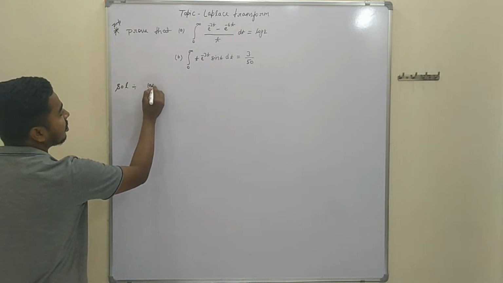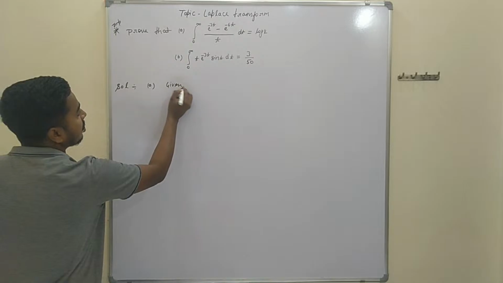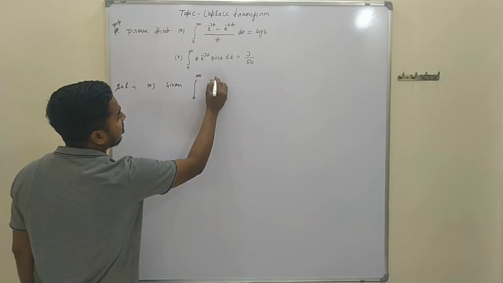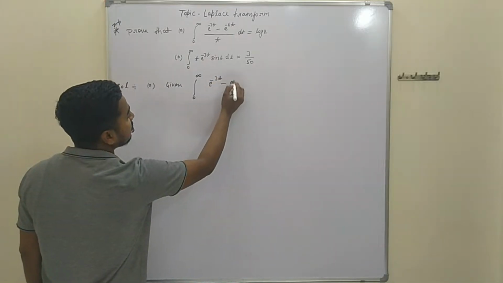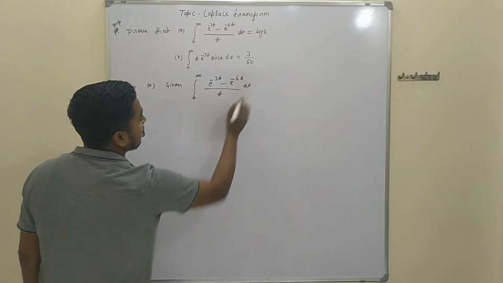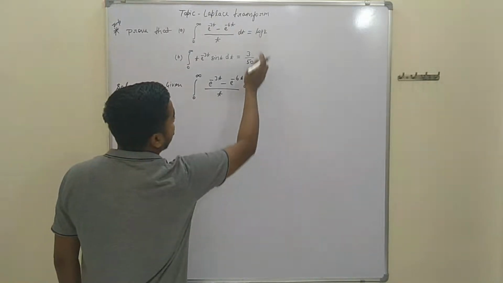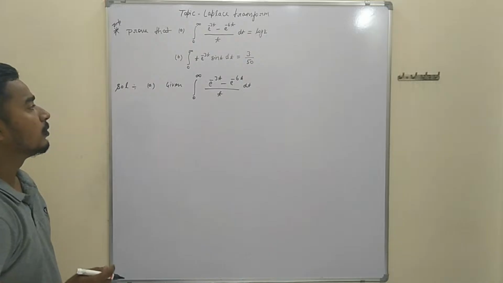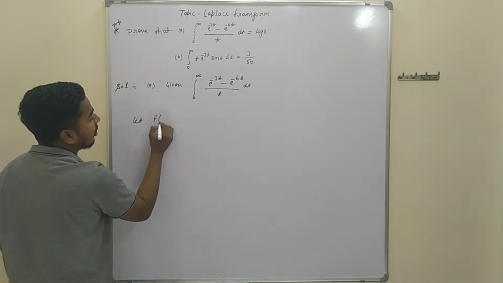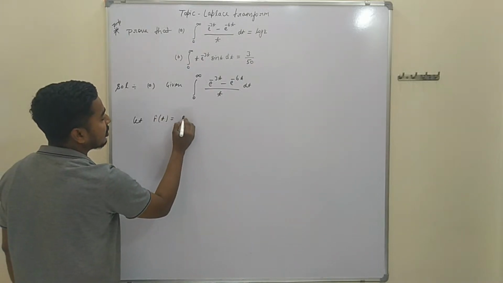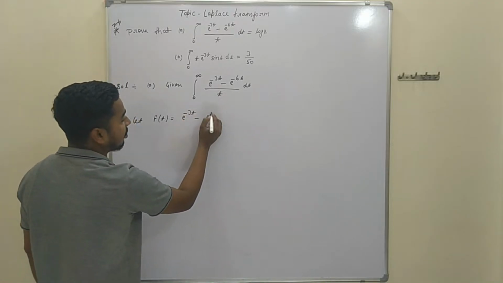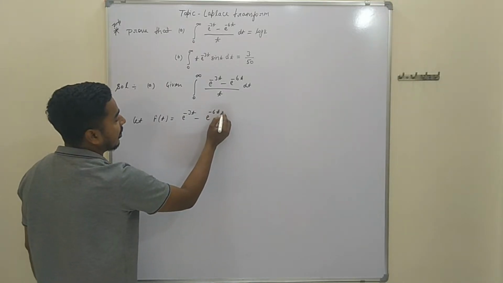Solution of part A. Given the integral from 0 to infinity of (e to the power minus 3t minus e to the power minus 6t) upon t. We have to take the left hand side and show that it is equal to log 2. First, let f(t) be equal to e to the power minus 3t minus e to the power minus 6t.